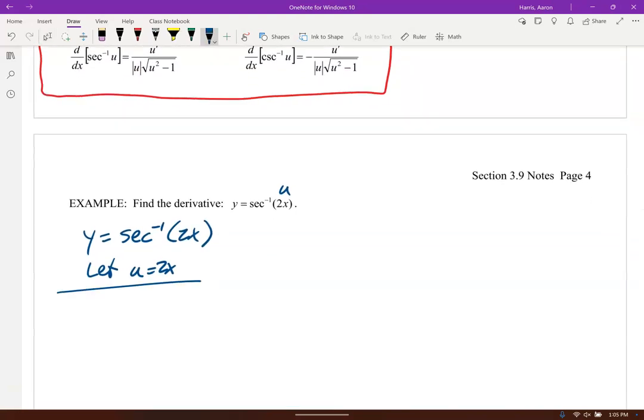So in other words, we have the arc secant of u. Once we take the derivative it would be 1 over the absolute value of u, I'm just using the formula, square root of u squared minus 1 times chain rule, derivative of u. So let's just use that.